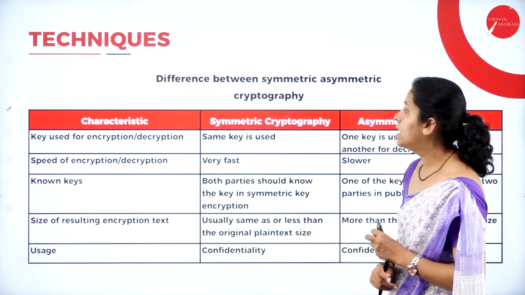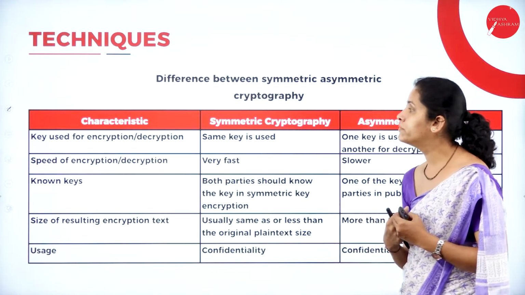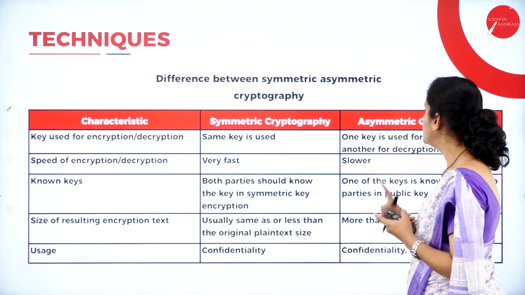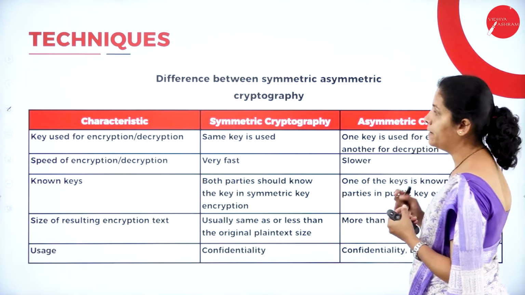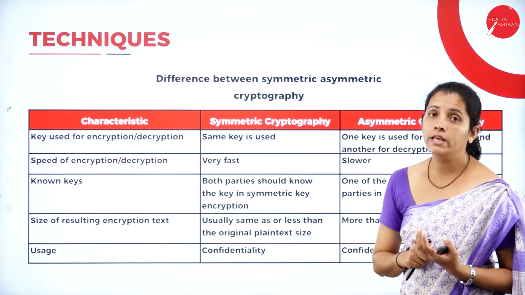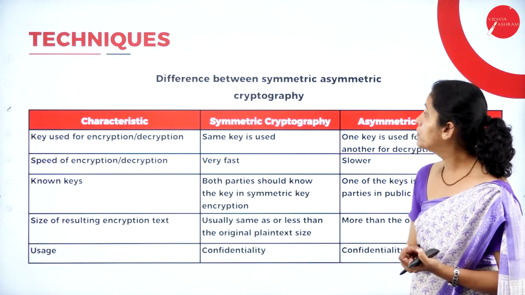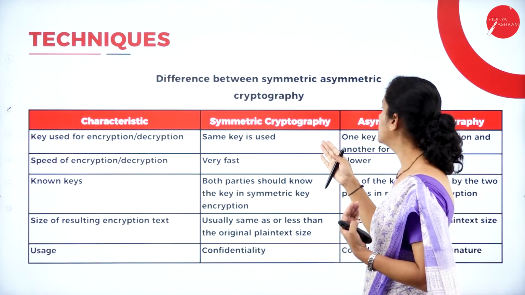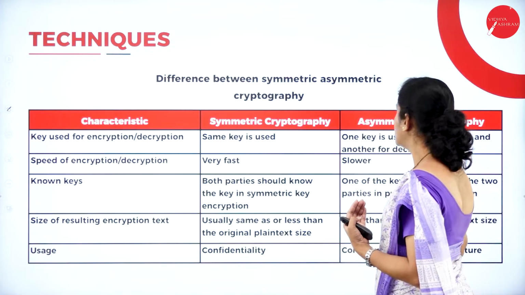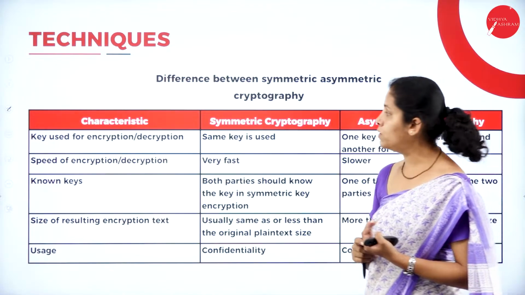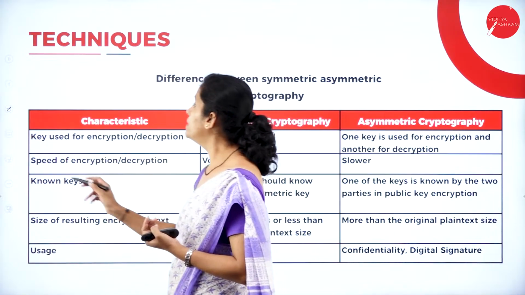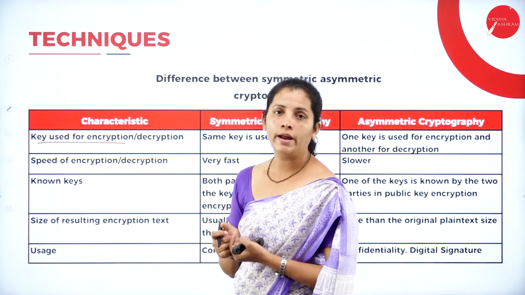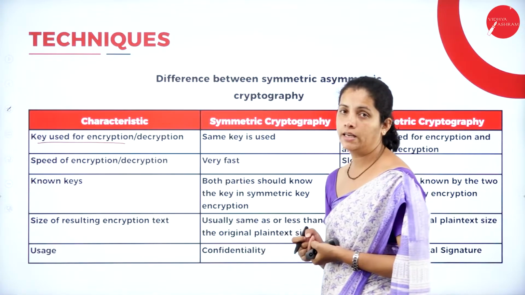Moving further, I'm going to cover some differences between symmetric key encryption and asymmetric key encryption, based on their characteristics. At the beginning, we have the key used for encryption and decryption.